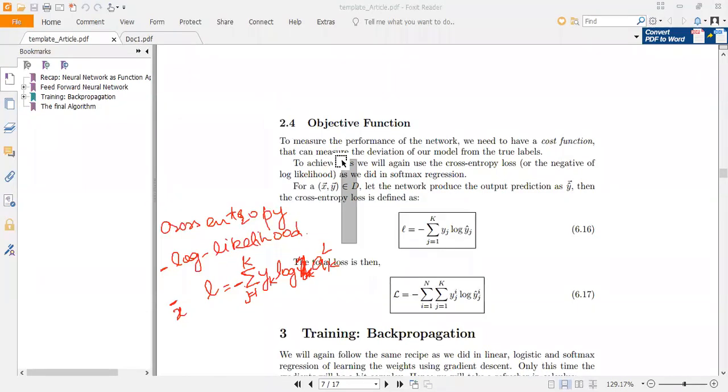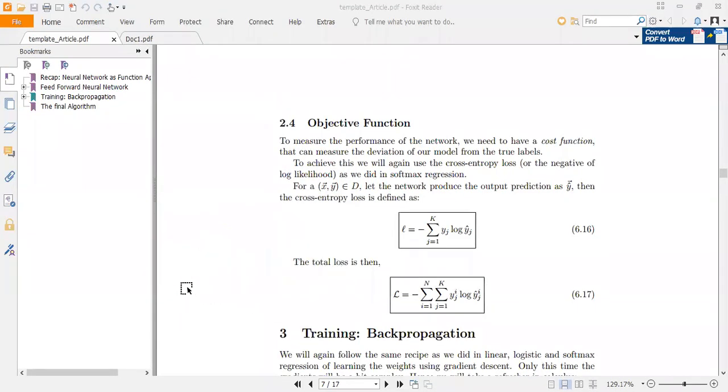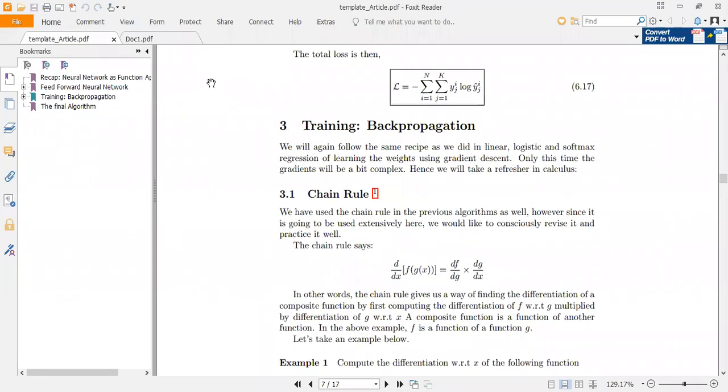Now, as we did in the previous classifiers, the linear regression, logistic regression, and the softmax regression, we need to find the optimal weights. We said that we will compute the pre-activation and the activation, but the underlying assumption was that we have some W's and B's.